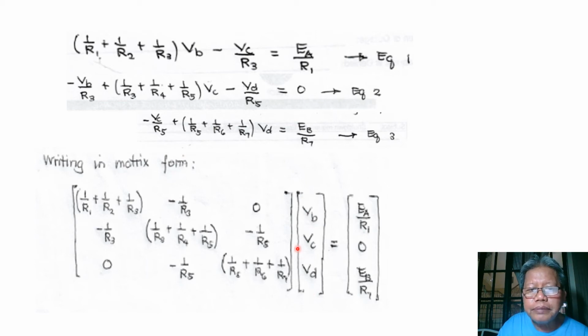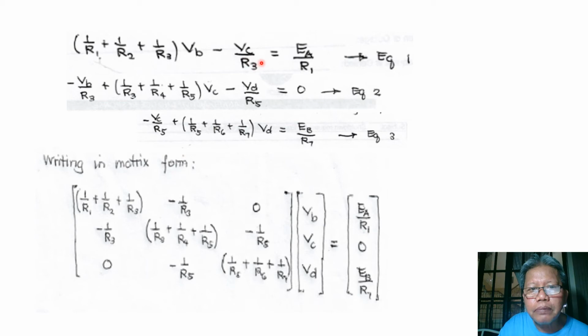And then, of course, the coefficients of these unknown voltages form our matrix. So, for example, for equation 1, our first unknown here is V_B. So we have this term times V_B, and then this one times V_C.